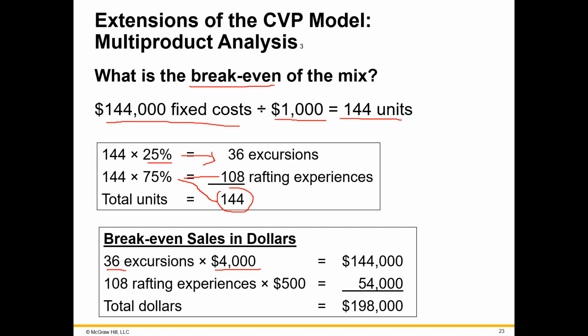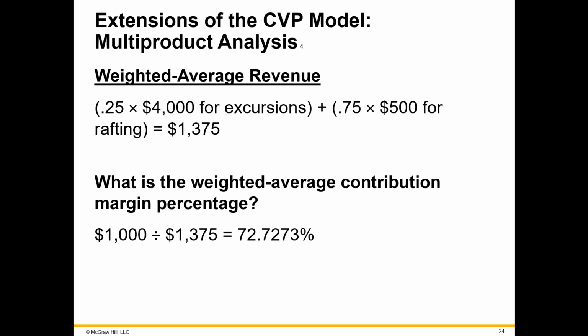For weighted average revenue, we just apply the percentage of the number of trips of excursions times the excursion sales price, and we add that to the percentage of rafting trips times the rafting sales price. So for every trip that we sell, on average, we're going to increase our revenue by 1,375.